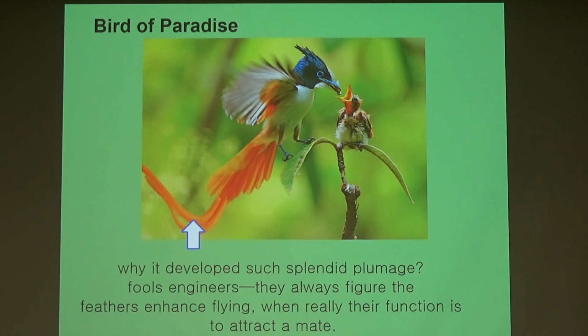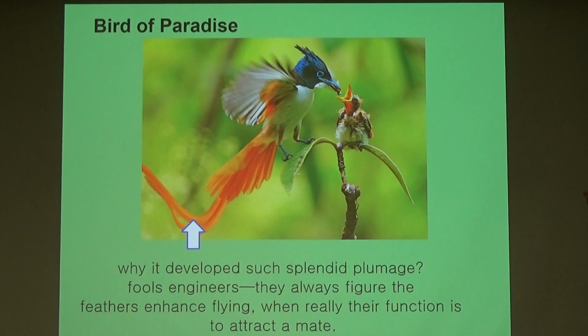I put this slide up because this illustrates that point quite well. At a biomimetic conference, they were illustrating this point to a number of engineers. They showed a picture of this bird and asked the engineers, what's the function? Why has this bird developed a really splendid plumage? The engineers looked at this and figured that the feathers enhance flying.